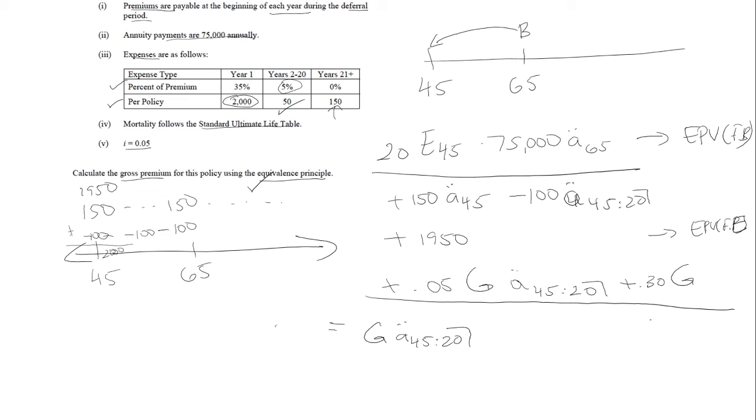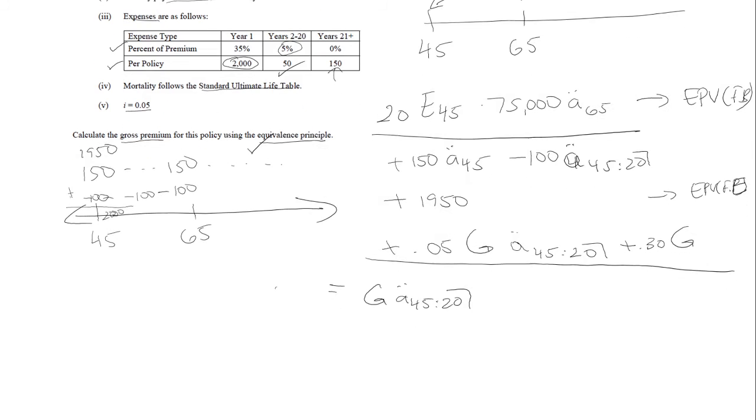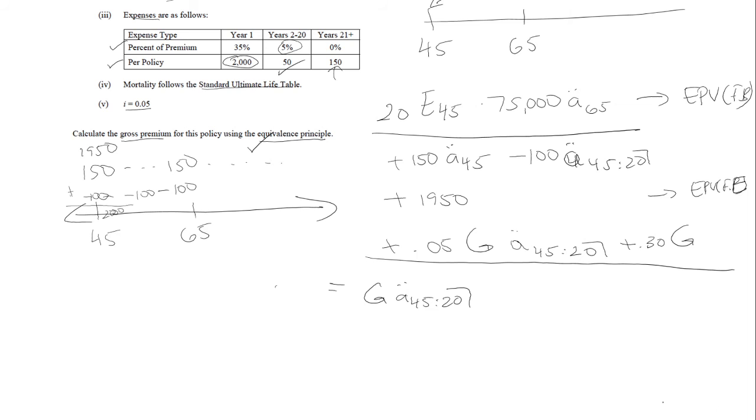So now all that's left to do is to look up these values in the standard ultimate life table. Okay, so 20E45, that's 0.35994. Multiply that by 75,000. And then ä65 is 13.5498, plus.